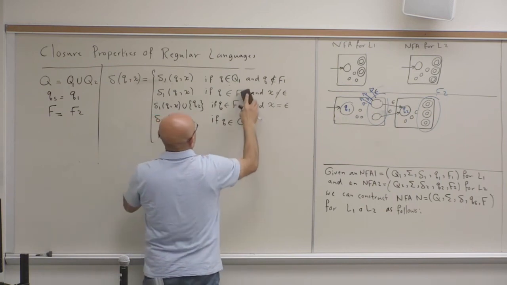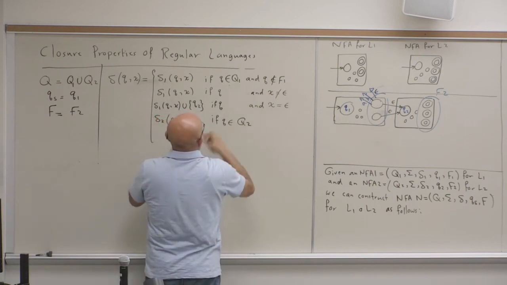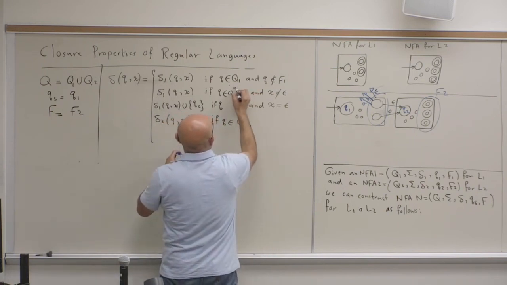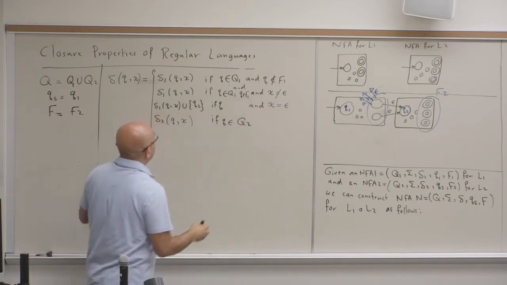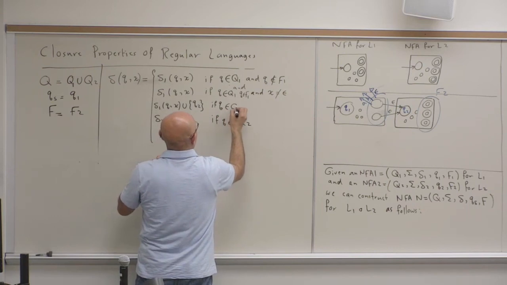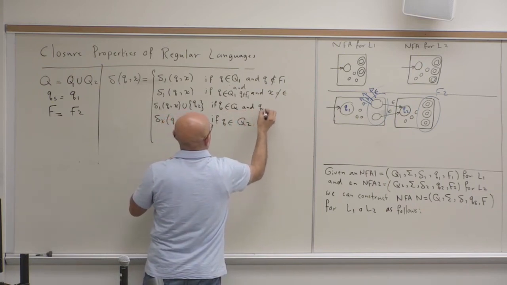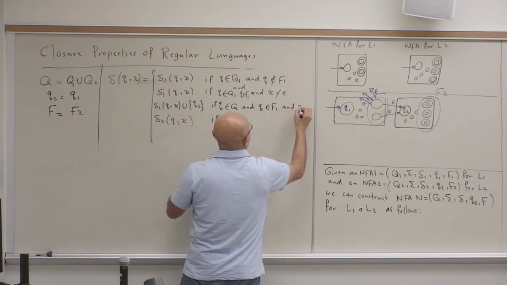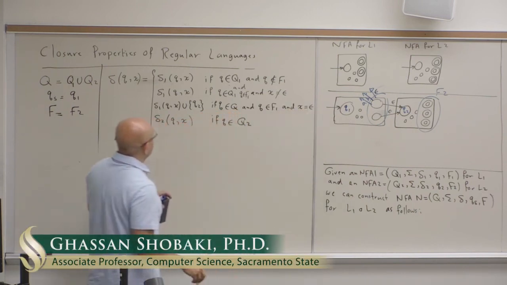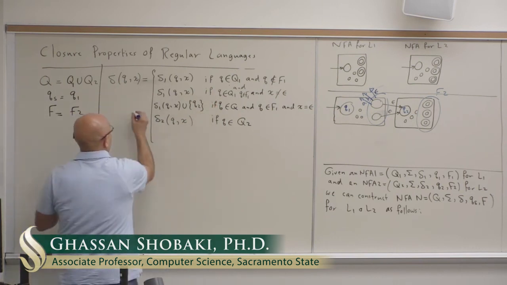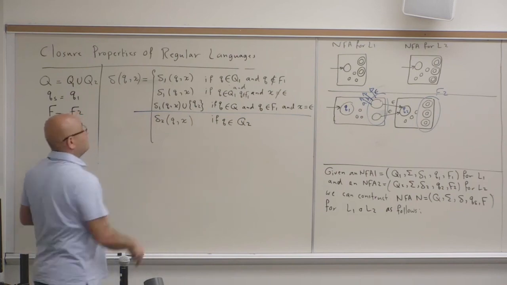And this is Q belongs to Q1 and Q belongs to F1. And this is Q belongs to Q1 and Q belongs to F1 and X equals epsilon. So those are for the states that belong to Q1 and those are for the states that belong to Q2.